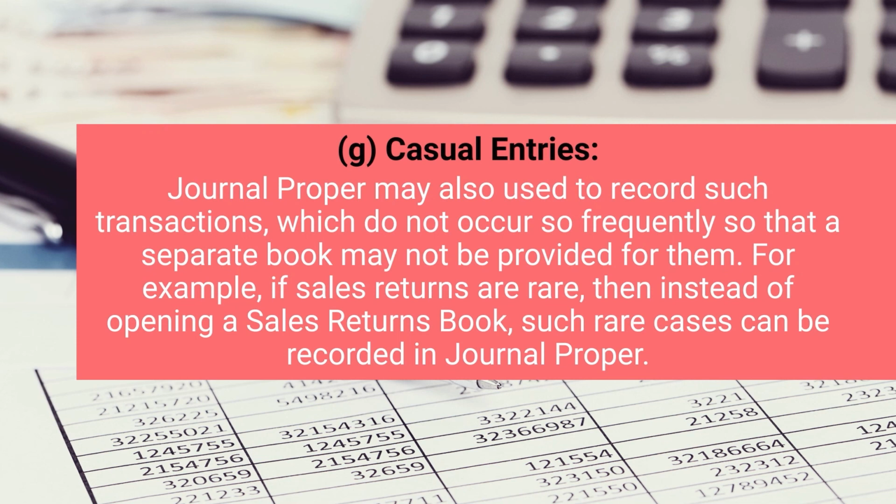So these are the books which we generally call subsidiary books. Cash book is also there. So when any transactions do not find a proper place in these 8 subsidiary books, then such transactions are recorded in the journal proper.